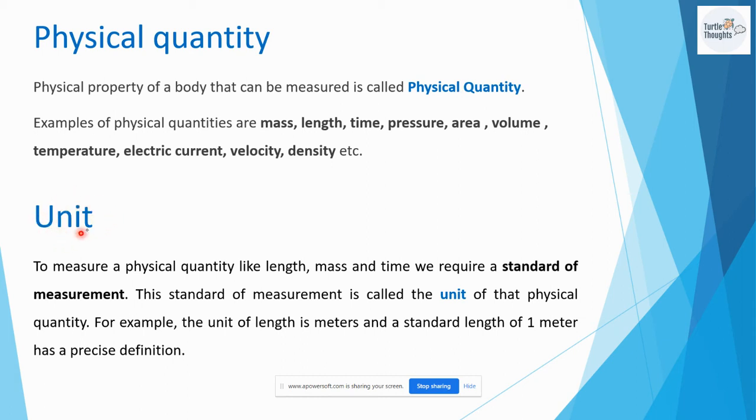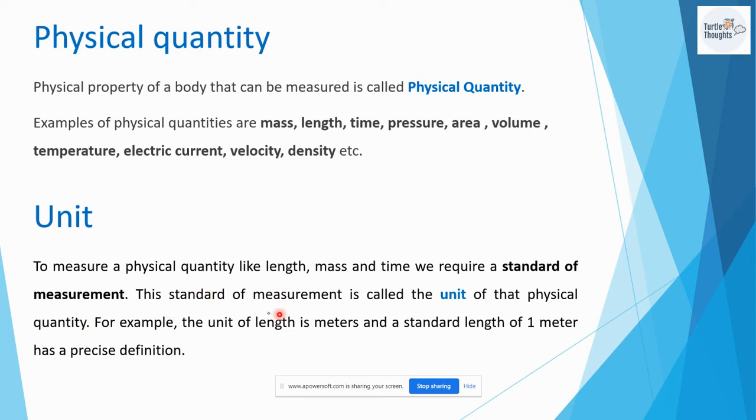Next, we have something called unit. A physical property that can be measured is called a physical quantity, right? To measure a physical quantity like length, mass and time, we require a standard of measurement. This standard of measurement is called the unit of that physical quantity.